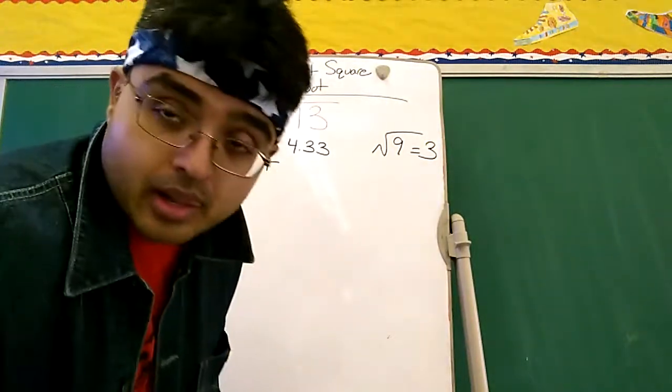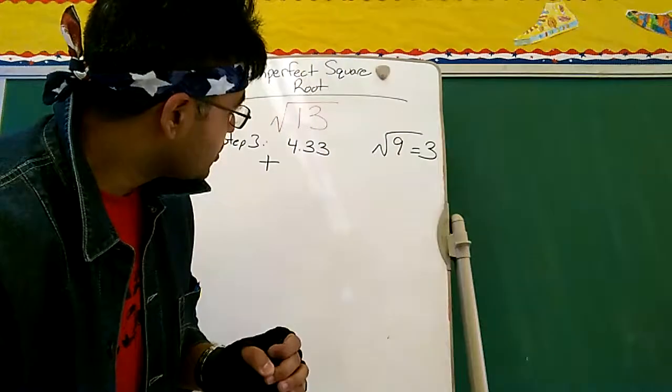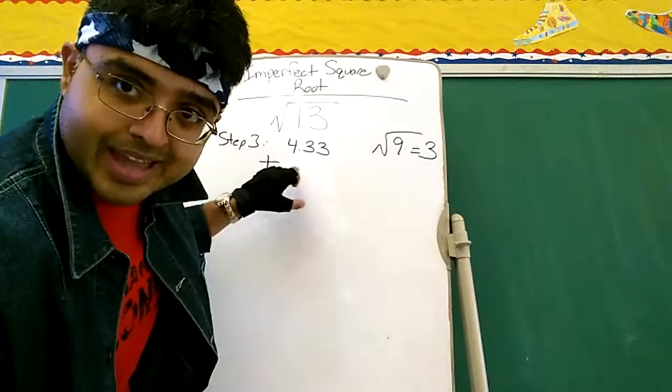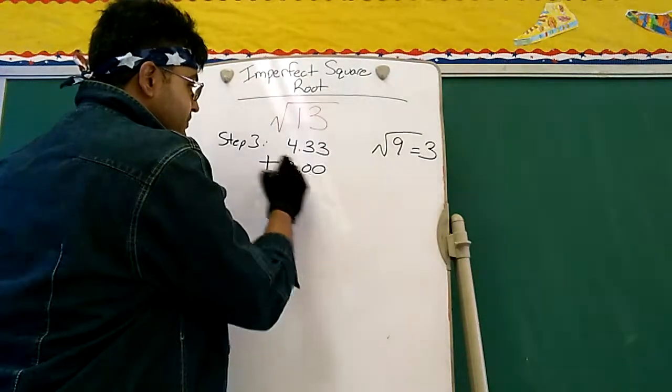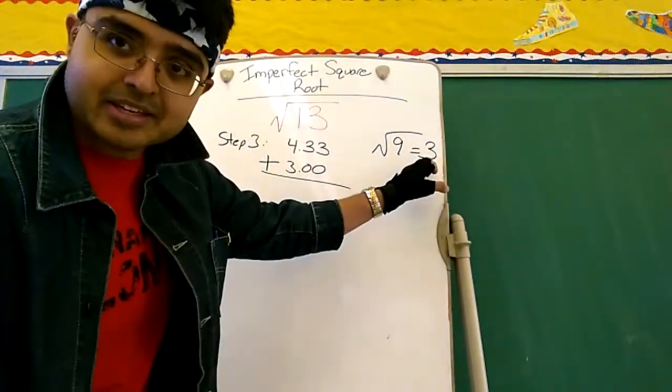So I am going to take this number and add it to 3.00. In other words, I'm just adding it to 3.